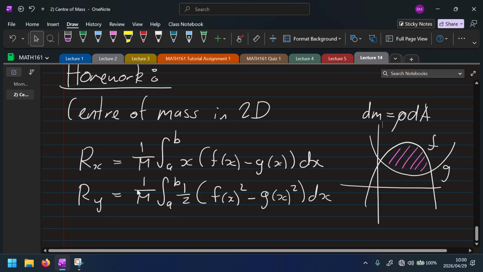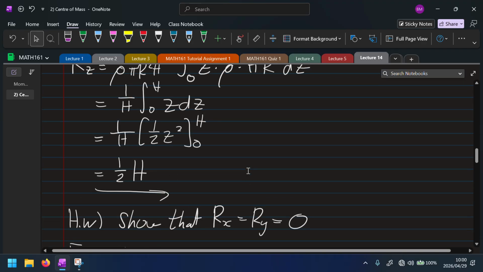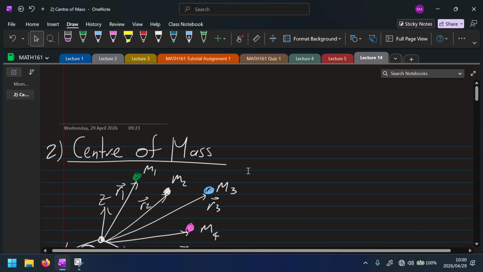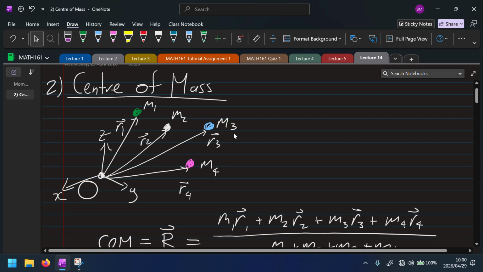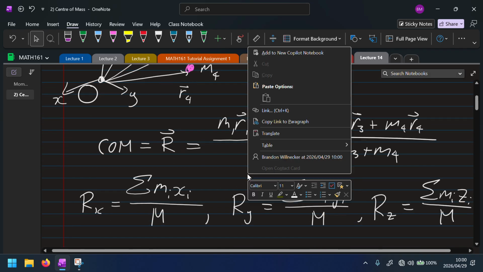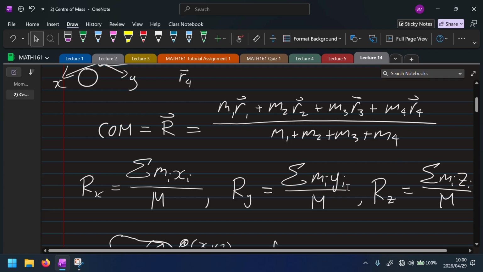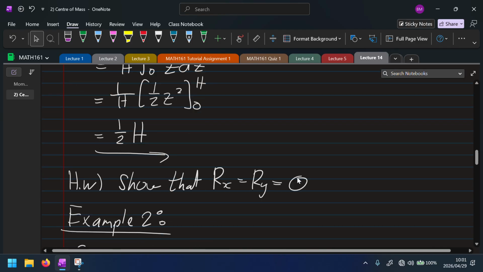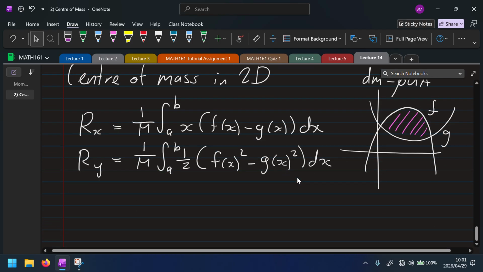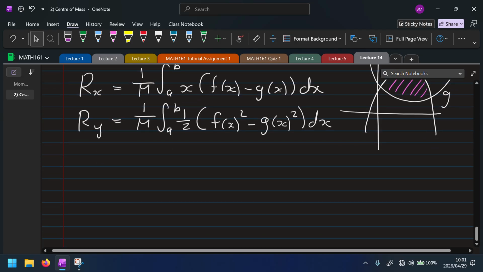Show that we get these two equations here, very similar to what we did in the beginning. So we've got these masses in 3D rotating around. We get this for Rx, Ry, Rz, but now we're only focusing on the first two, Rx and Ry. Okay, so for homework, try get this. And then work out the center of mass for the following shape.